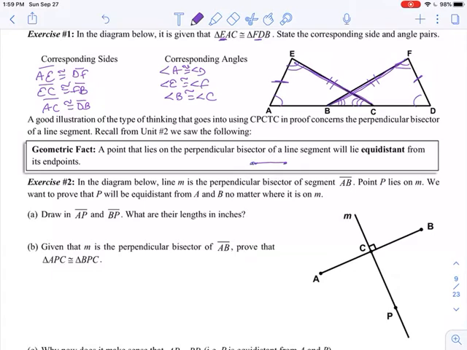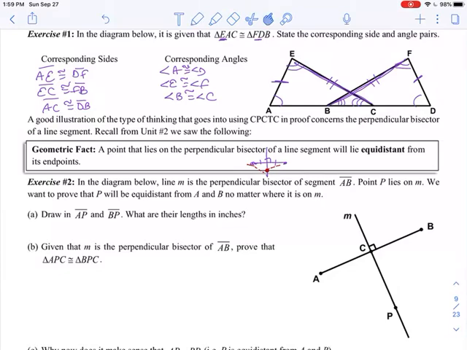So if I have a line segment and I have another line segment that is perpendicular and it bisects it, what this is saying is that any point on the perpendicular bisector, so here's a point on the perpendicular bisector, will be equidistant from the endpoints of the line that I was bisecting.